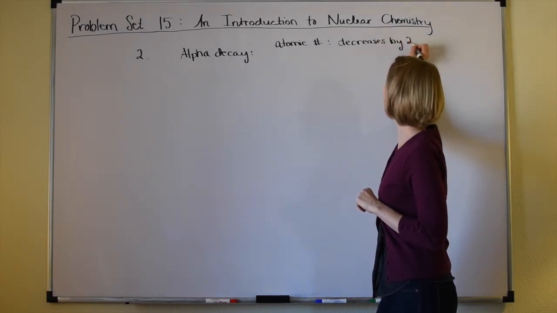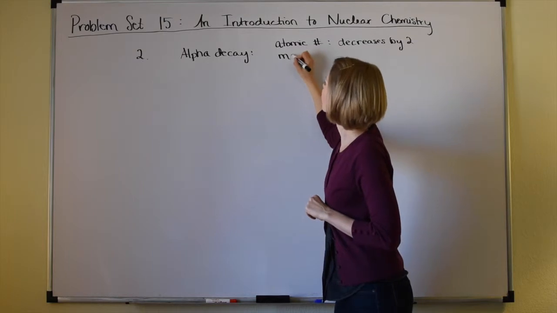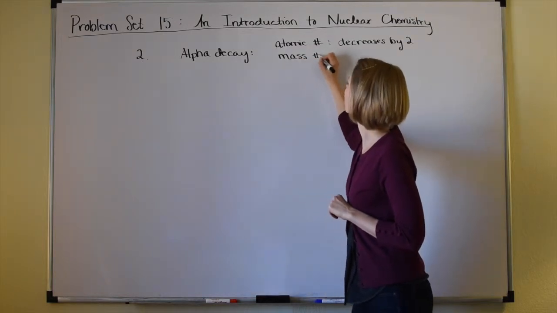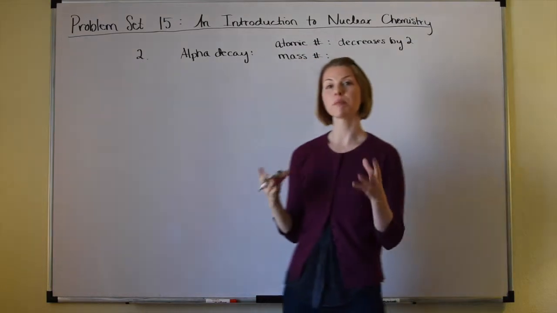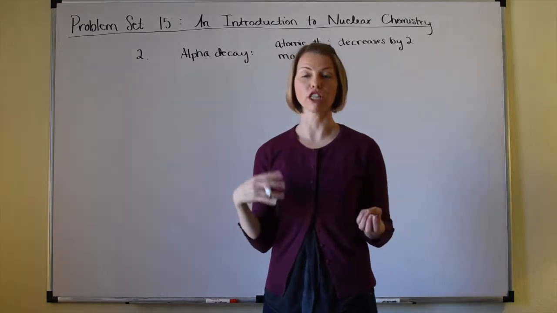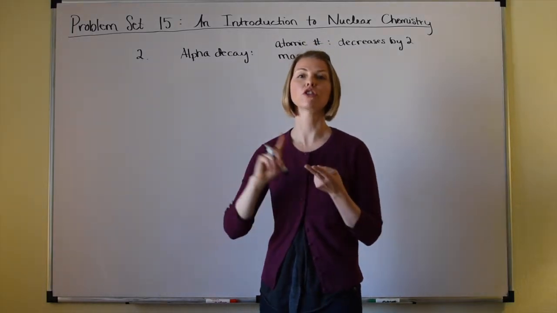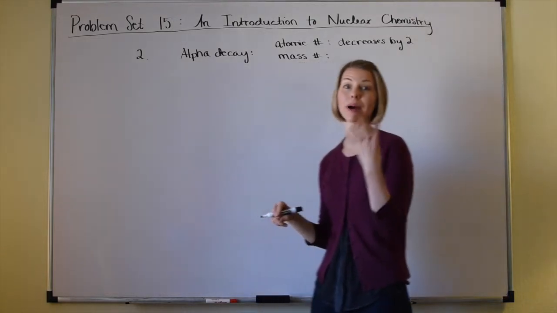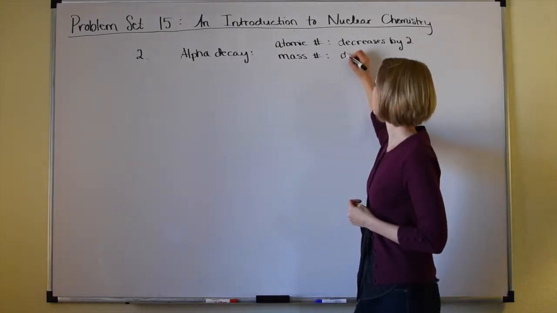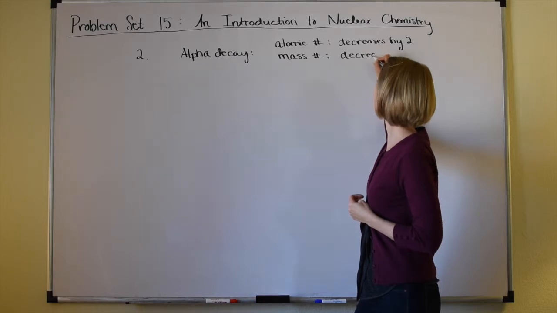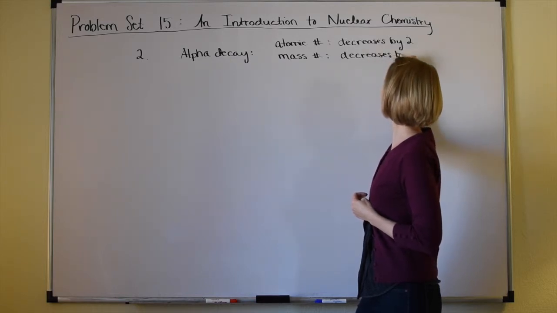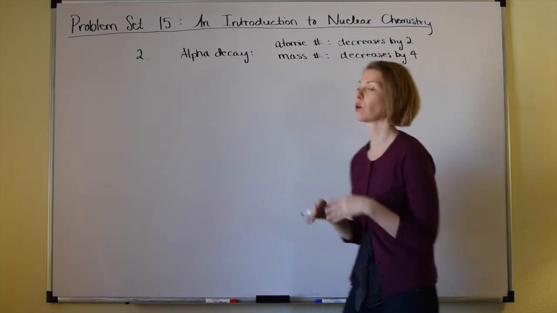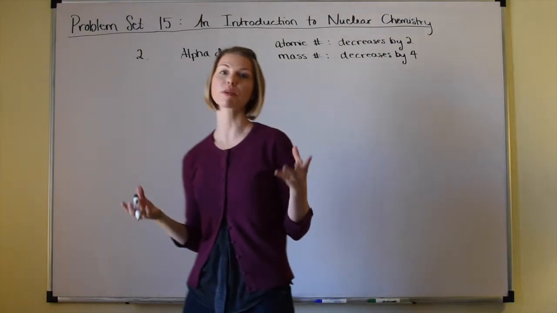by 2. It's going to affect the mass number because remember the mass number is the sum of the protons and the neutrons. So if you lose 2 protons and 2 neutrons, it's going to drop the mass number by 4. So I'm going to write here decreases by 4. Okay, so how does it affect the atomic number and the mass number?